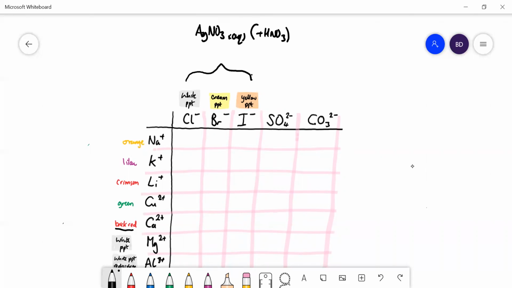Now, if you've got any chloride ions present, you get a white precipitate. That white precipitate is silver chloride, which is insoluble. If you've got any bromide ions present, you're going to get a cream precipitate of silver bromide, which is also insoluble. And if you've got any iodide ions present, you're going to get a yellow precipitate of silver iodide, and that's insoluble. Okay, so the testing for the halide ions is relatively straightforward. You add silver nitrate.